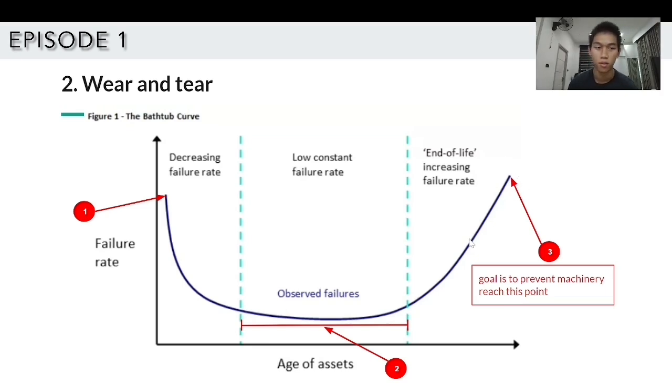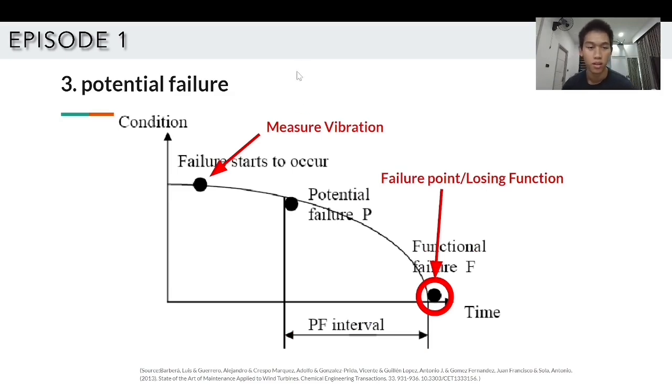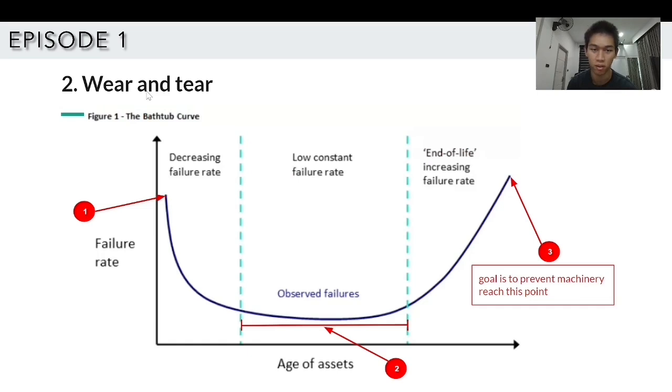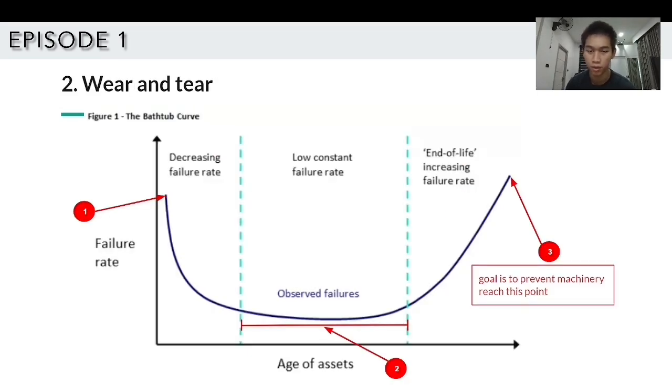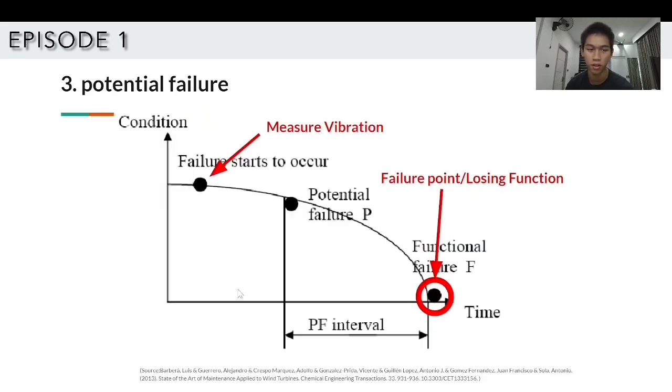Okay, so let's continue. Actually this one is supposed to continue from the second one, but this one is quite clear according to this point right here. If we zoom out and plot this point, this is a graph between condition and time.